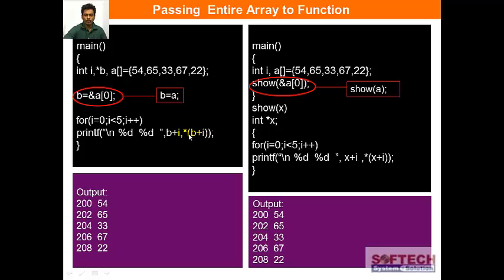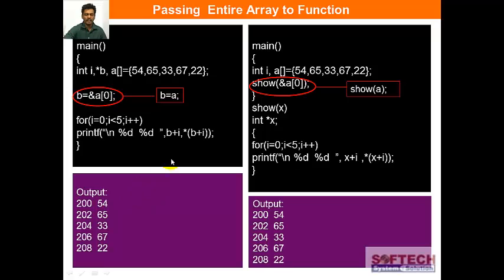Here *(b + 1) is the value at 202. It displays the address 202, then the value 65. Then the loop continues, i value is 2, b plus 2 is 204, because it jumped 2 locations, and *(b + 2) displays the value 33. In a similar way, 200 plus 3 is 206, value 67.